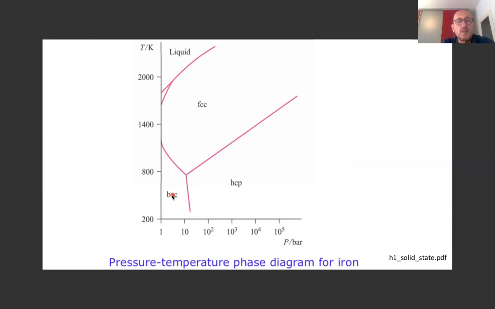But if I raise the temperature, at atmospheric pressure, I can go to an FCC structure for iron. And if I keep raising it, I make it a liquid, which makes sense. It can also go to HCP if you actually raise the pressure a bit.